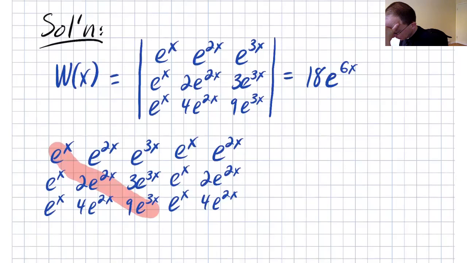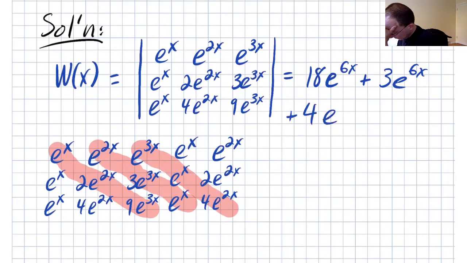Okay, so that's the first diagonal. Then we have this diagonal here. And what is that? 1 times 3 times 1, so we get 3, and then it'll be, again, e^{6x}. And then this diagonal there. That's 4e^{6x}. Okay, and now that's the forward diagonals, so we get those three terms.